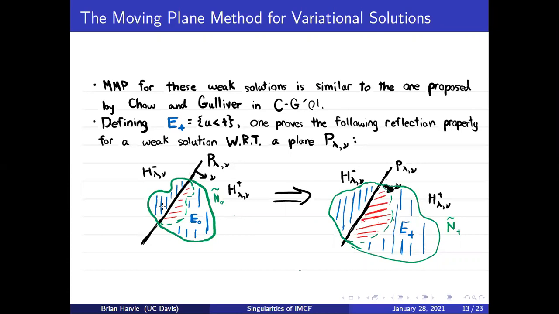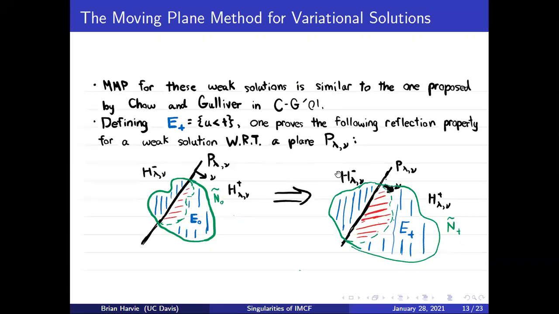Part of E_0 might lie in the lower half plane while another part lies in the upper half. So we'll say that initial data E_0 is admissible if the part of E_0 lying in the lower half plane gets reflected into the part which lies in the upper half plane. And what you can show is that if this is true for E_0, it's true for every single E_t.